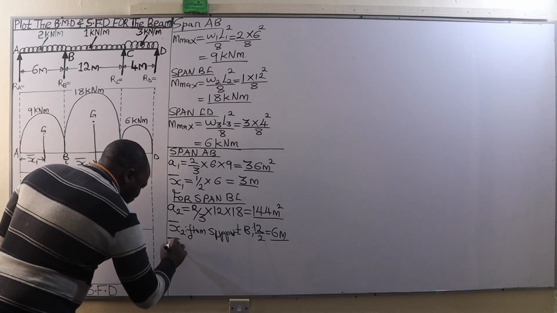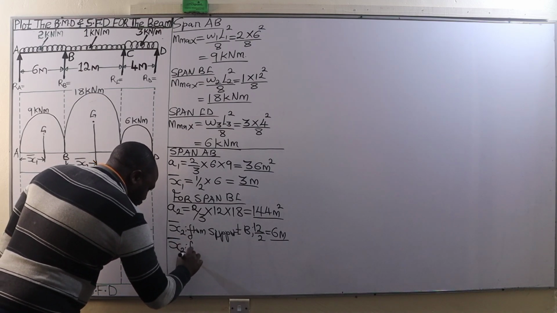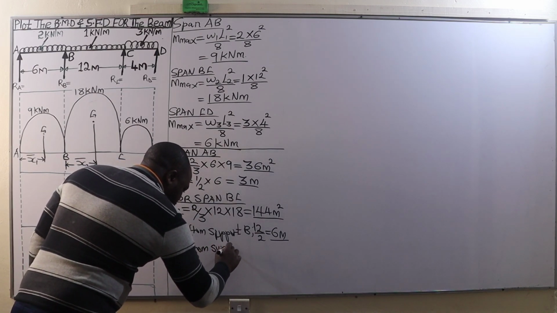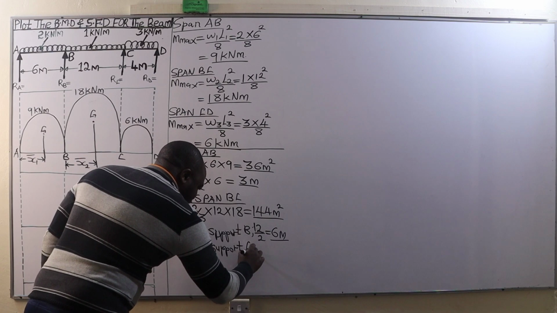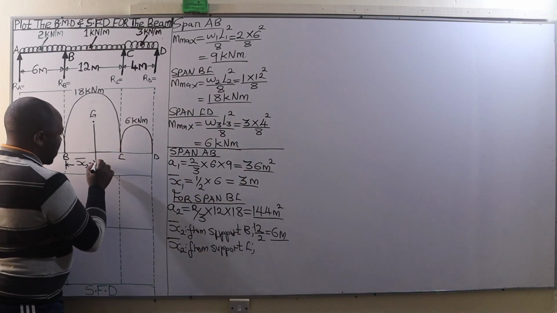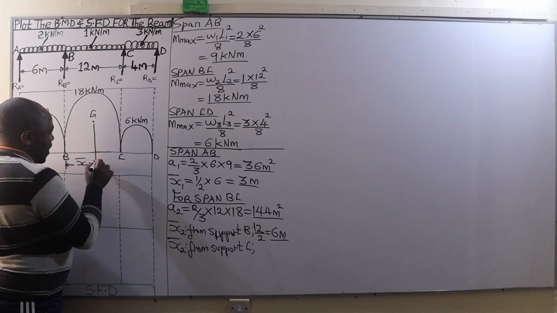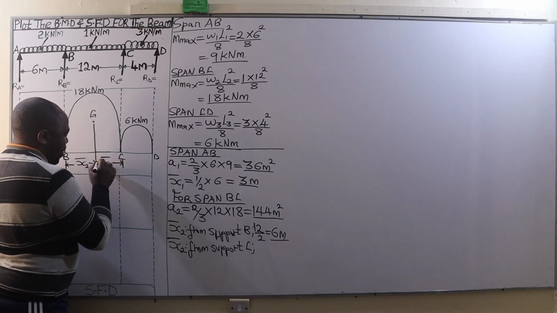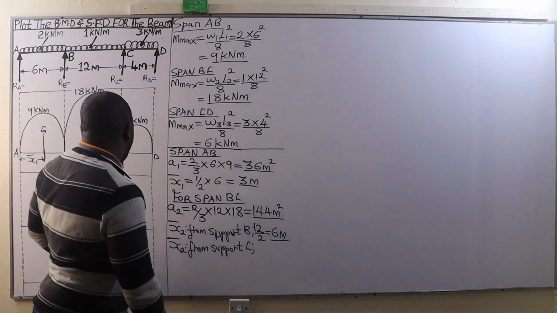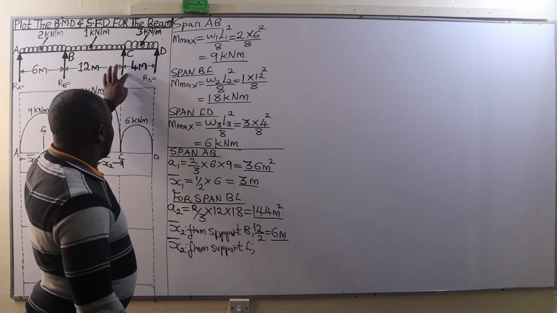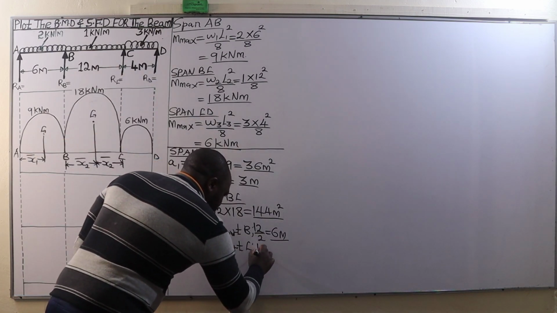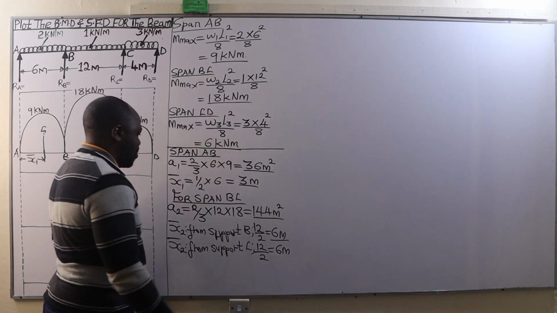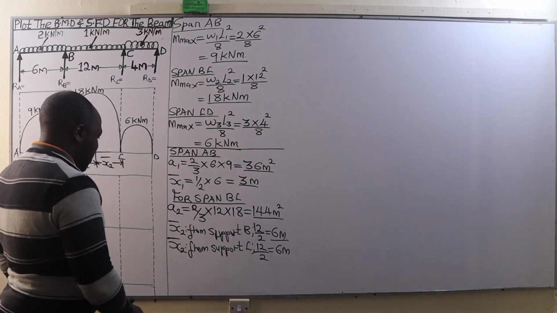We also need bar x2 from the support C. So from the support C, the distance of the center of gravity, that is bar x2 again, is also going to be given by half of span BC, which is 12 divided by 2. It is 6 meters as well. So we are done with the span B to C.